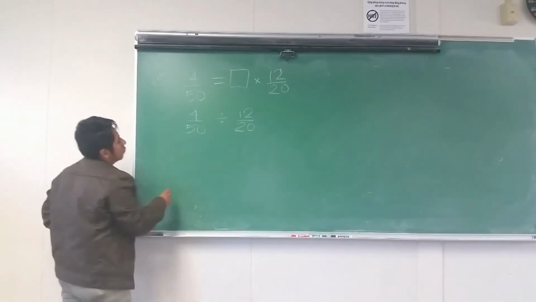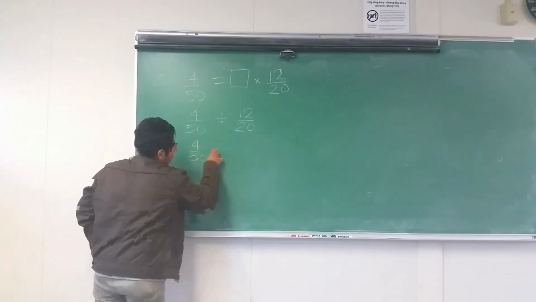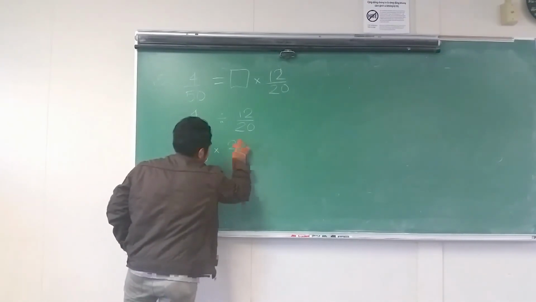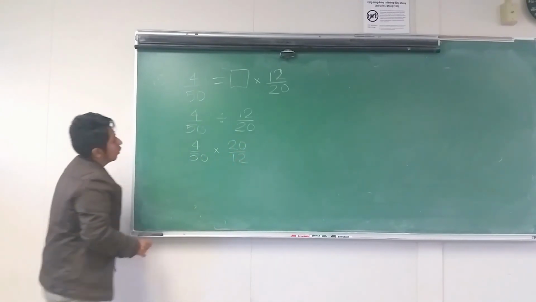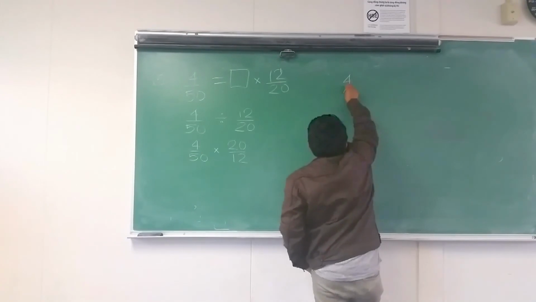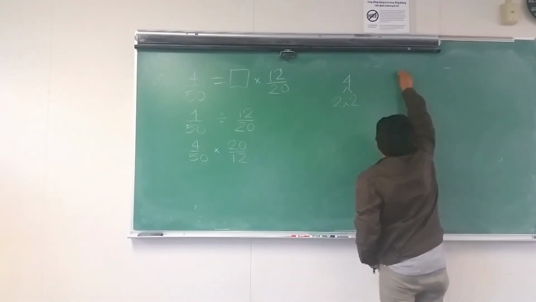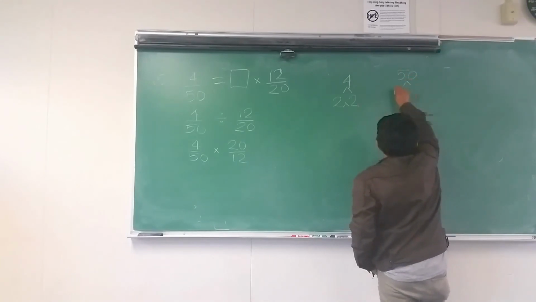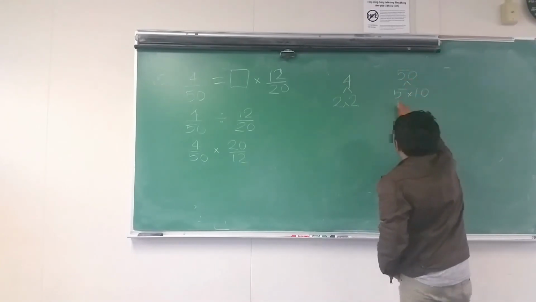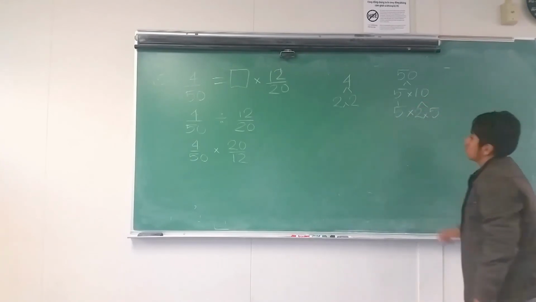Let's change that into a multiplication statement: 4 over 50 times 20 over 12. Now let's write everything as a product of prime numbers to make things easier. 4 is 2 times 2. That 50 is going to be 5 times 10, and that 10 is going to be 2 times 5.